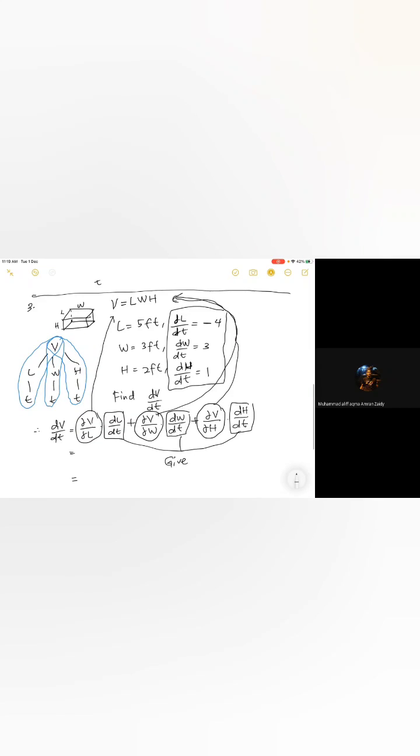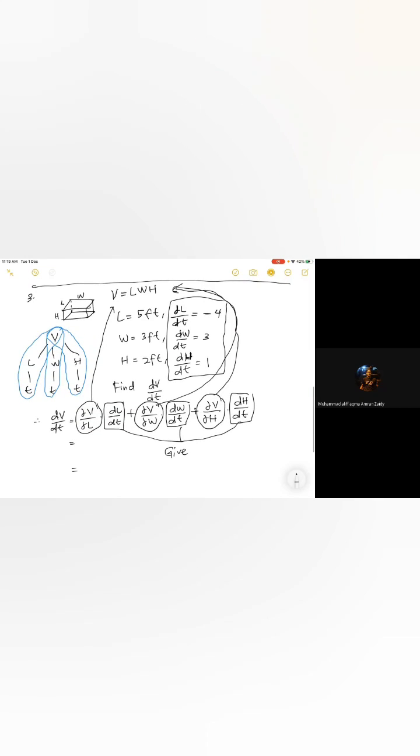Okay, differentiate V with respect to L, then your W and H is constant. The dl dt is -4 just now, plus differentiate V with respect to W, so your L and H is constant. Your dw dt is 3. Differentiate V now with respect to H, you will have L and W is constant. dh dt is 1.